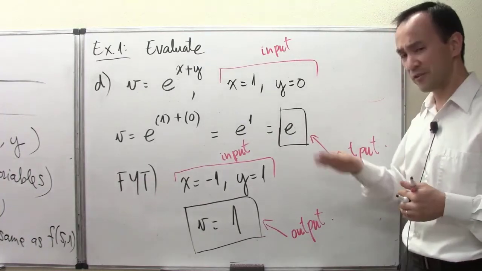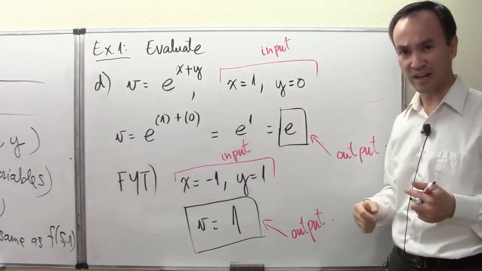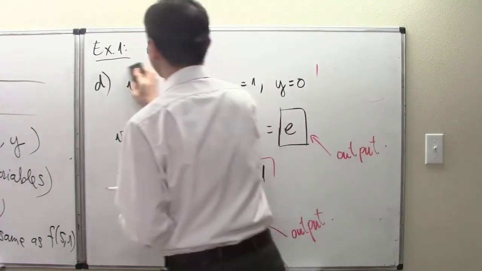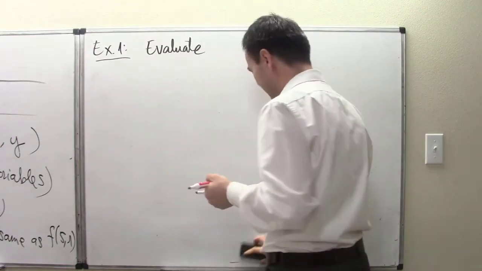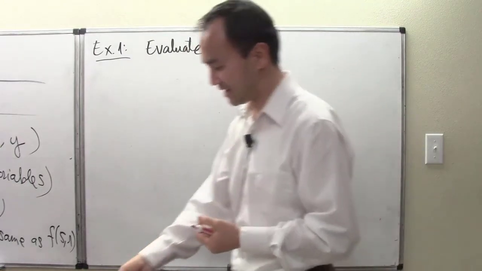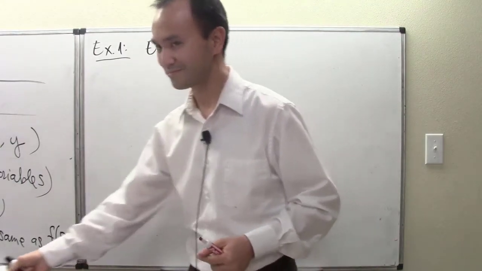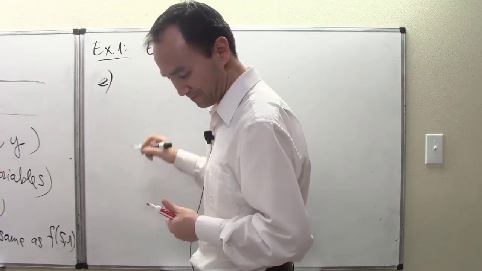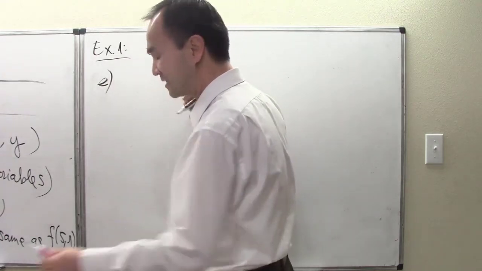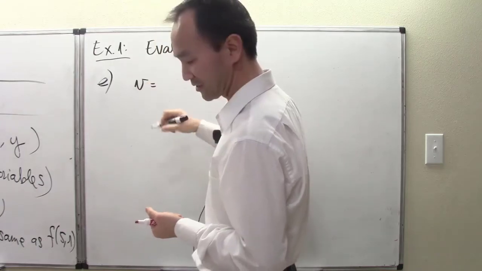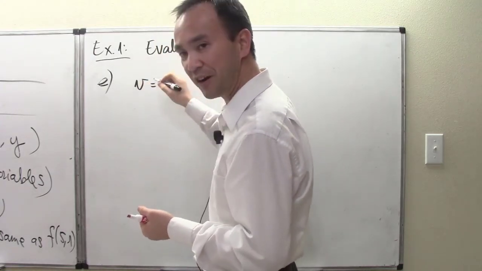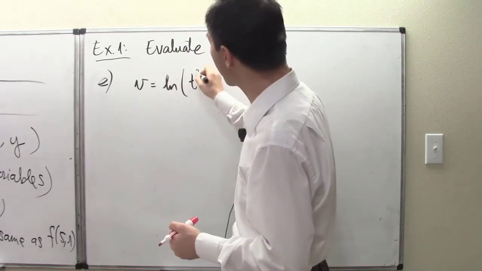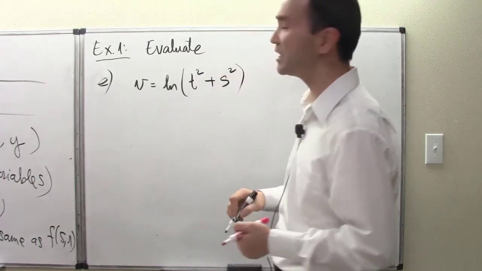So now we're ready for another one. And I believe this next one I'm showing is about the last one of this example 1. All right, so now in part E of our example, let's look at how we evaluate V, where V is defined as the following rule: we take the natural log of t squared plus s squared.